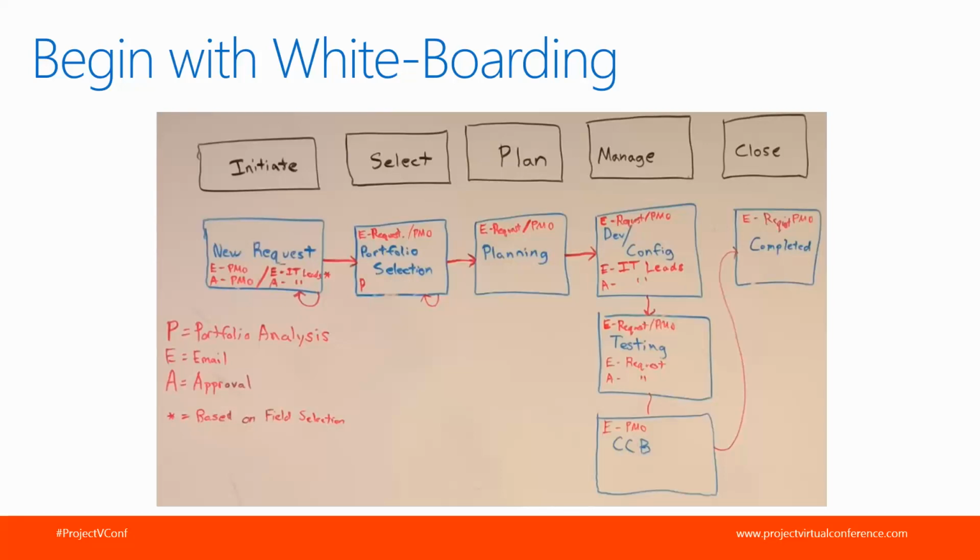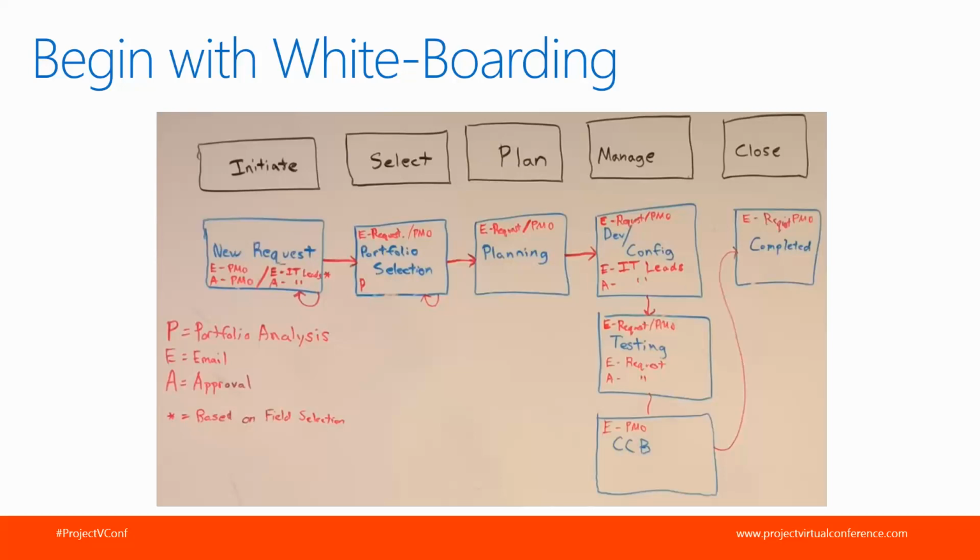So it all really begins with whiteboarding, or essentially identifying your business process. And workflows in Project Online, Project Server are organized in portfolio phases at the top level and stages. So what I like to do with my customers is whiteboard it. I list, for example, here all the phases across the top, and then in blue beneath each of those possible stages of the life cycle. Once on the whiteboard you've mapped those out, you can draw arrows, and then maybe use something like I've done here to talk about where you might have portfolio analysis.